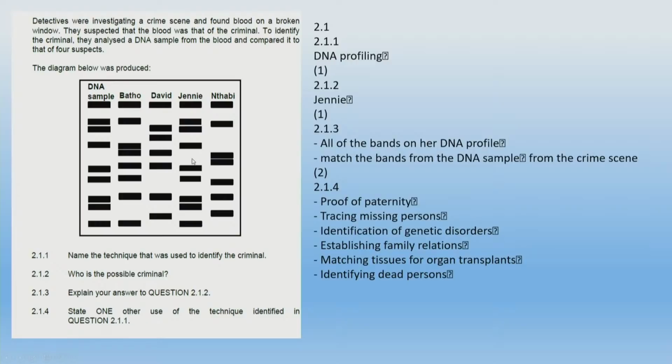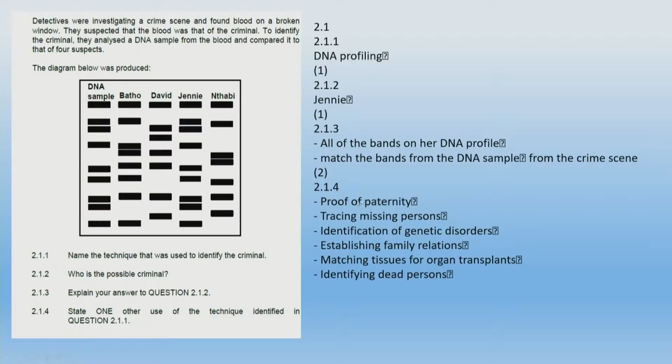And then the last one is: state one other use of this technique. Proof of paternity, tracing missing persons, identifying genetic disorders, establishing family relations, matching tissues for organ transplant. It's not only used for organ transplant. Sometimes the learners wrote very cryptic notes, like organ transplant, dead persons. So write a full sentence.